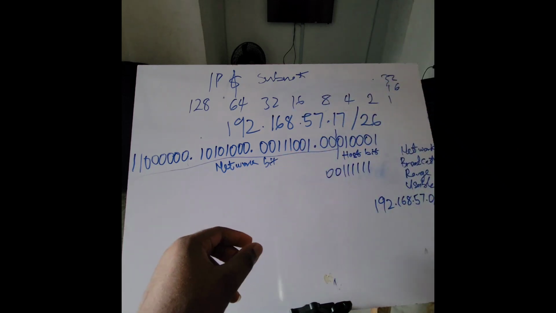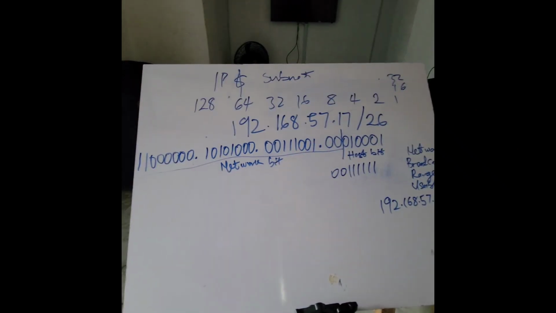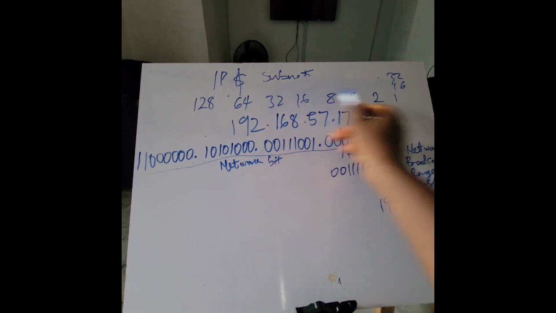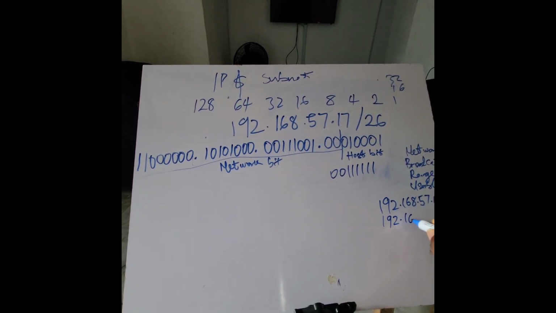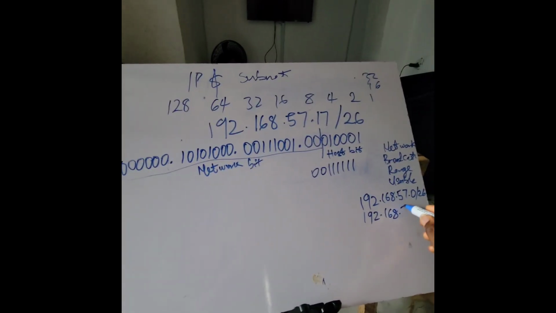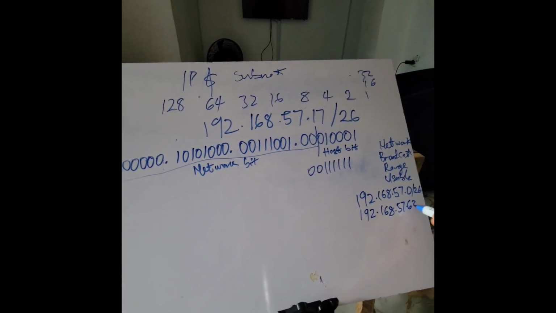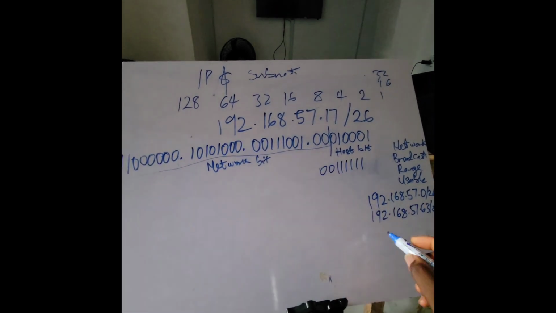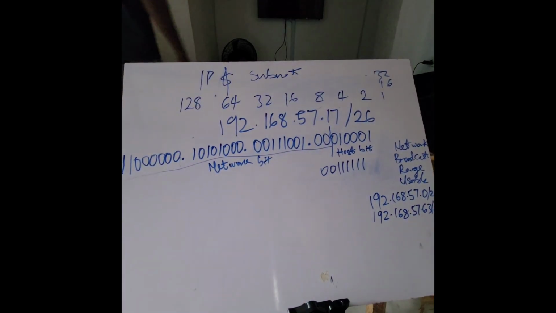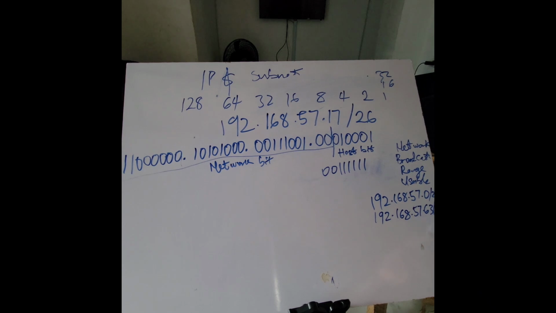So let's add it and see what you get. If you add all of this from here to here, you will have 63. So the broadcast address is 192.168.57.63/26.